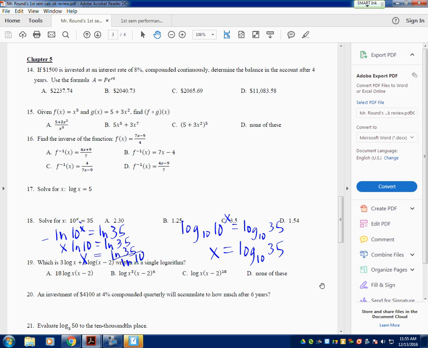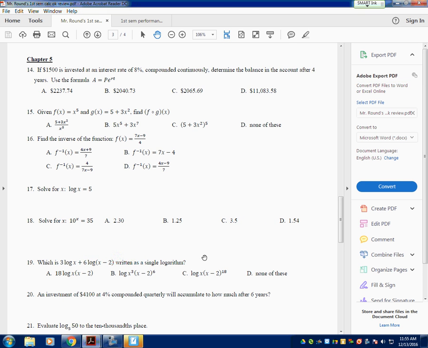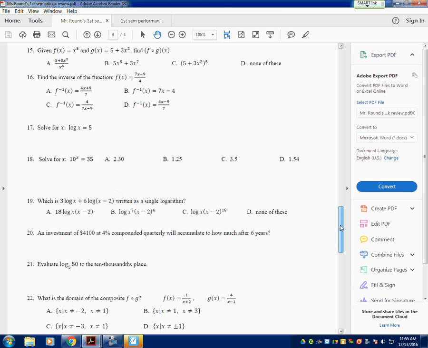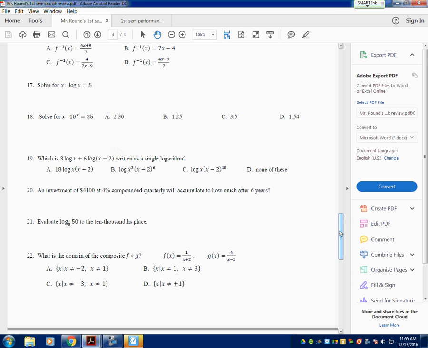Which one? 19. Okay, number 19. 19 would be an example of one I would put in the no calculator part. Here's why. On 19, you're just rewriting this. First thing I would do is move the 3 and the 6 out as powers, okay?